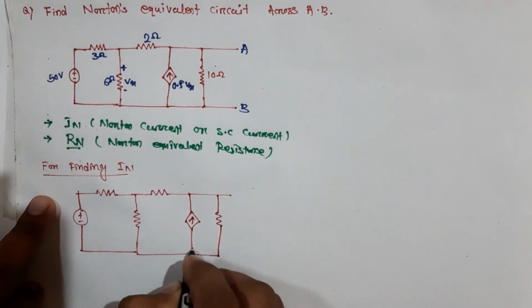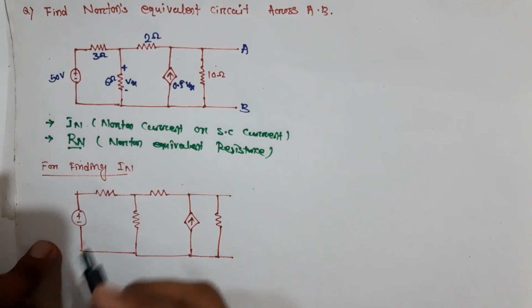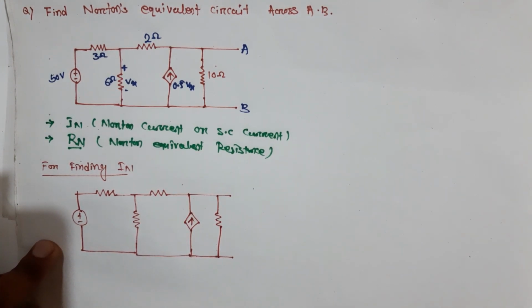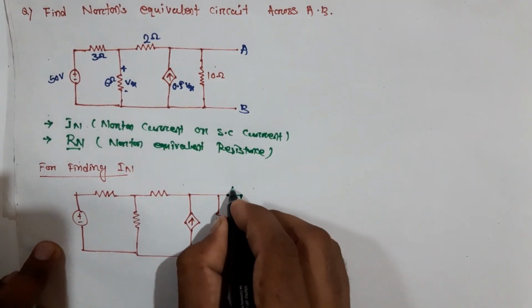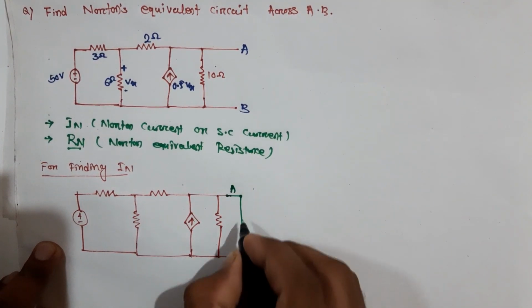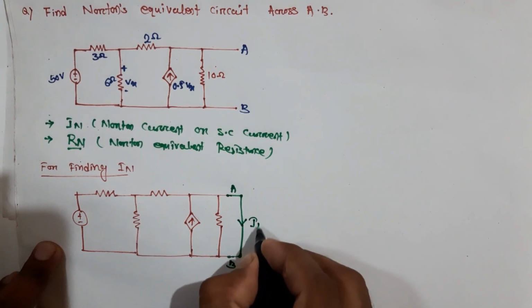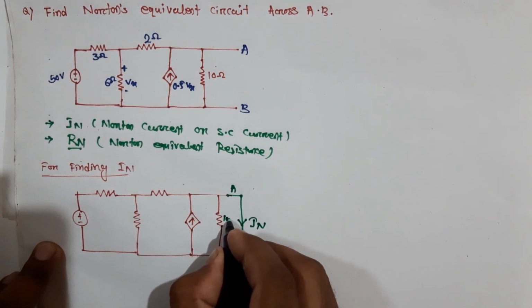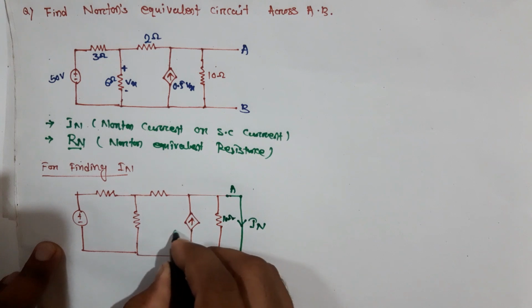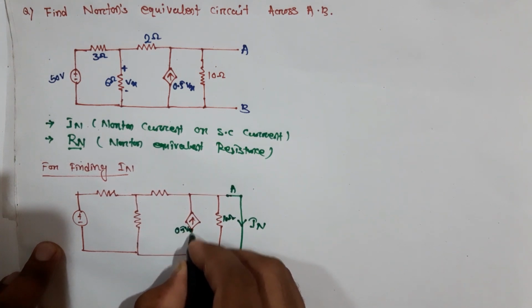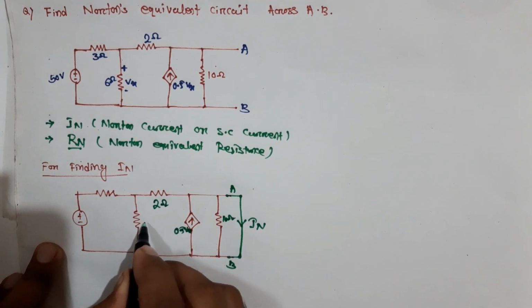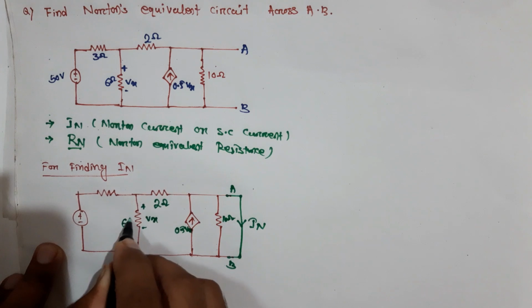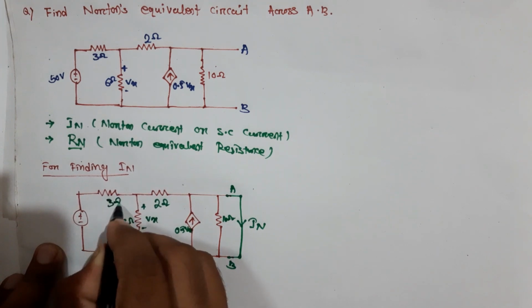And we short circuit this AB branch, and we need to find IN here. This is 10 ohm, and this is 0.5 Vx. This is 2 ohm. This is plus or minus Vx. This is 6 ohm, and this is 3 ohm.